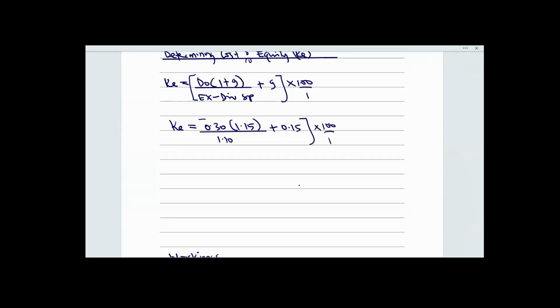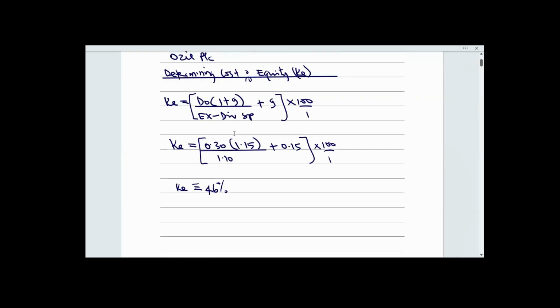So KE, somebody should give me the answer. Charity, hold on. I'm coming back to you. Yes, 46%. 46%, sir. Thank you. The cost of equity of OZPLC is approximately 46%.